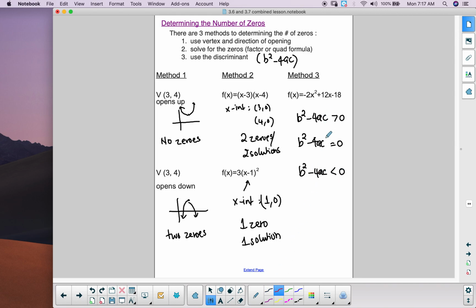If it's greater than 0, there are two roots or two solutions. If it's equal to 0, there is only one root or one solution. And if it's less than 0, there are no roots, no x-intercepts, or no solution. So that's the way you would go about finding the number of zeros in a quadratic equation.